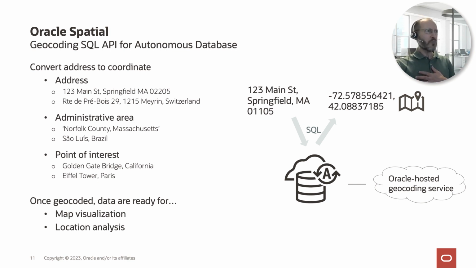What that means is that in Autonomous Database, if you start with addresses, and this goes for internationalized addresses too, and I've got a couple of examples of the different ways that addresses are formatted in different parts of the world, or place names, with SQL you can convert those into coordinates that you can then go forward and work with in Spatial for location analysis and mapping.